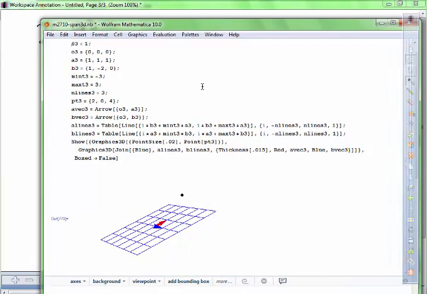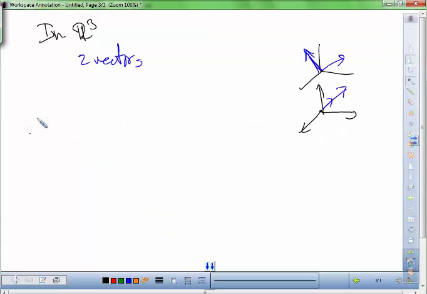So what if I had a third vector? If I just had any random third vector, would I be able to span the whole space? No? If I had a third vector, would I be able to span the whole space? So my vectors are 1, 1, 1, 1, negative 2, 0.